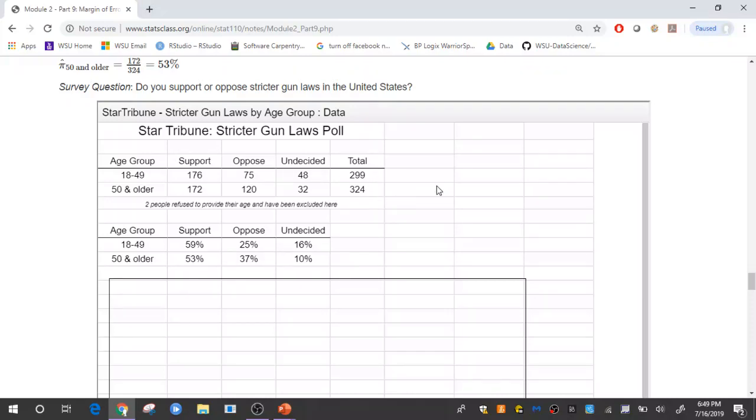There are slightly different numbers of people in those two age groups, and that's fine. What I've done here is just computed the proportion in each age group that support, oppose, or are undecided. So 59% here in that 18 to 49 age group would support stricter gun laws, whereas that proportion drops slightly, just a little bit, to 53% for people that are 50 and older.